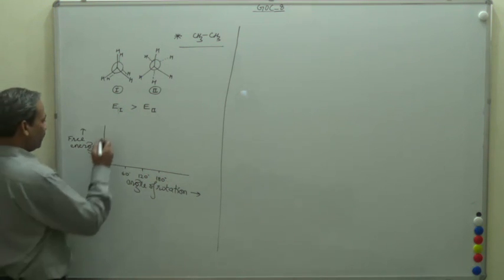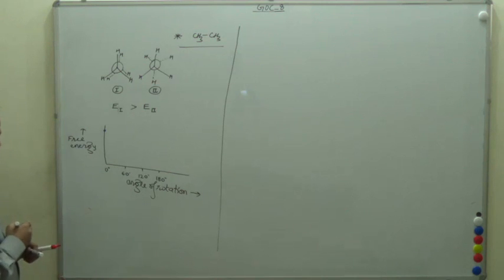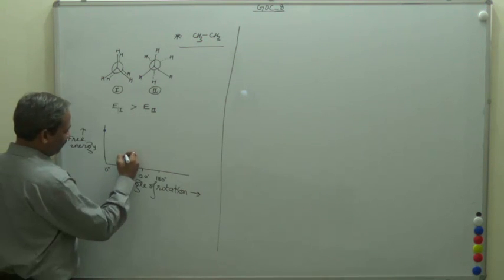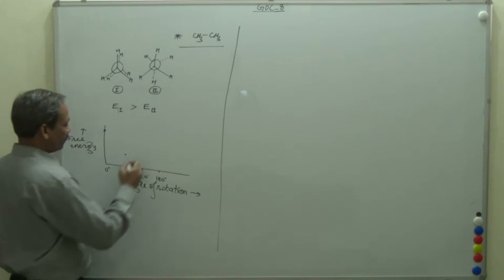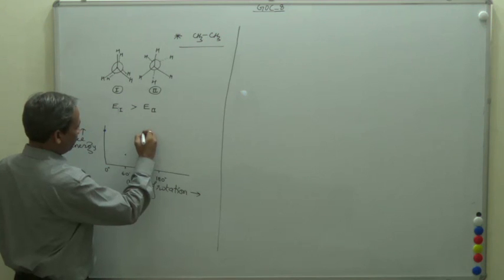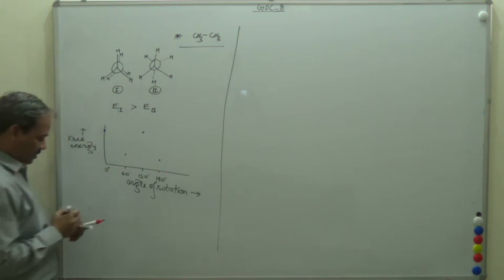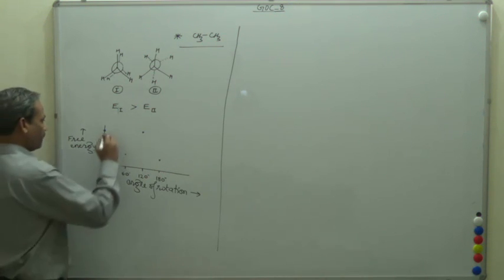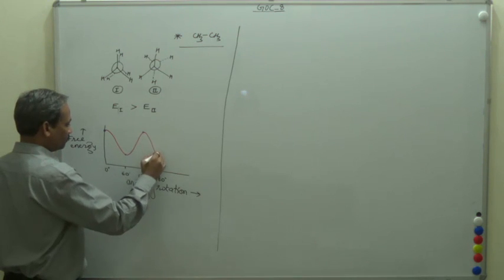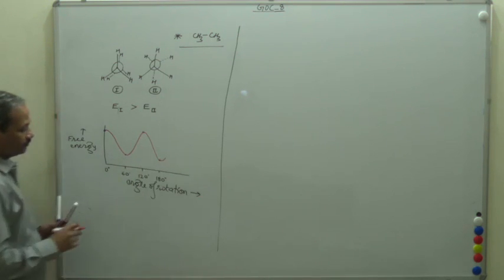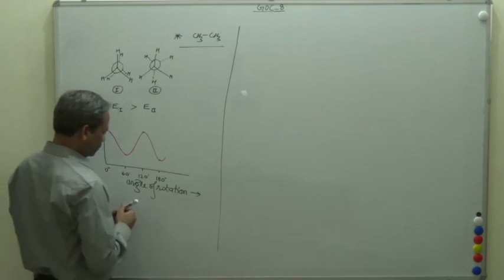At 0° dihedral angle, the form that exists is of higher energy, that is the eclipsed form. And at 60° dihedral angle, the form that exists is of lower energy, the staggered form. And again there will be the staggered form, eclipsed form, higher energy form and lower energy form. So the curve moves like this.